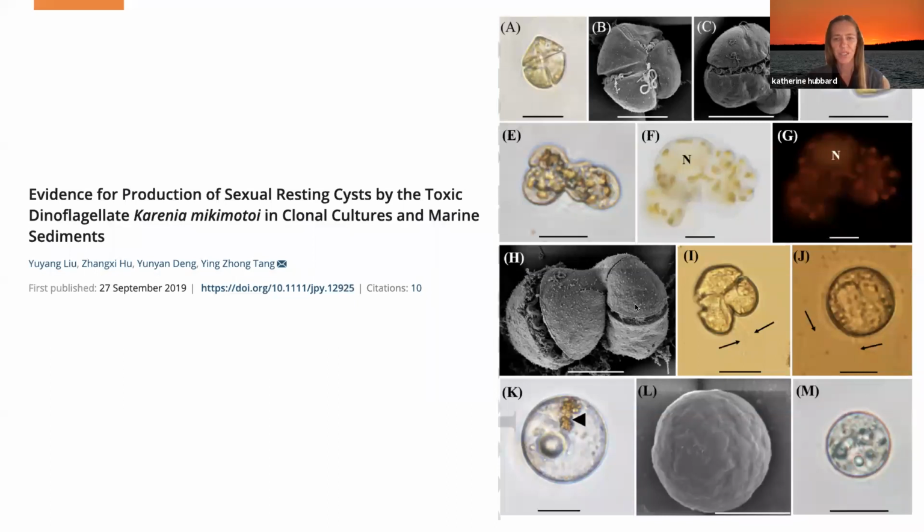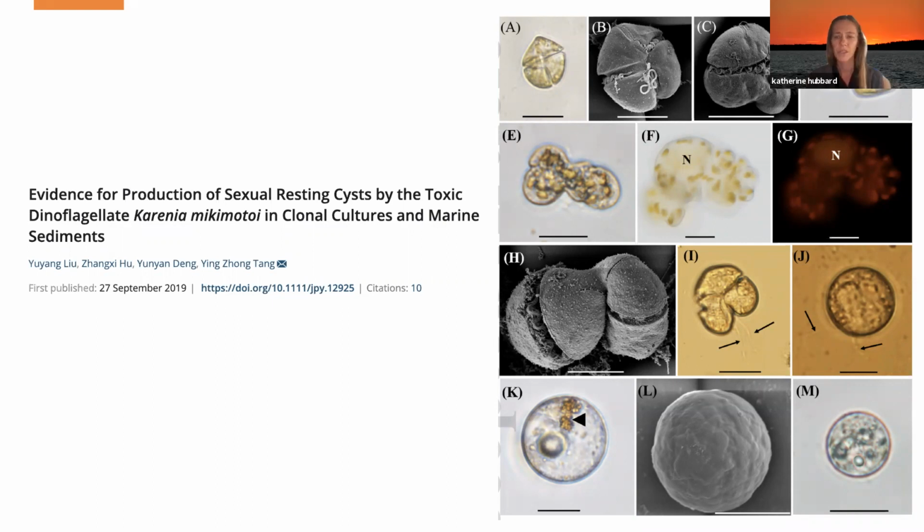I just wanted to show this because it does show some of the morphological variability within just this one species. And so you can see that there are different cell types, different cell stages. Evie mentioned at the beginning that Alexandrium can form that cyst stage that is sometimes observed in water samples.